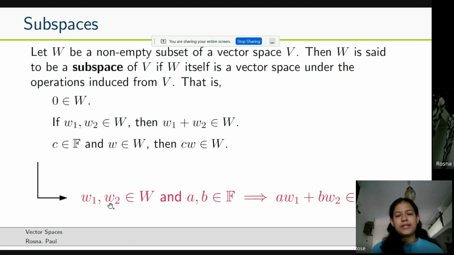So we can make it a very small note. Check whether there is an identity, and then if you take any two elements from W and any two scalars from F, just check whether aW1 plus bW2 belongs to W. So I think this is easy to remember.